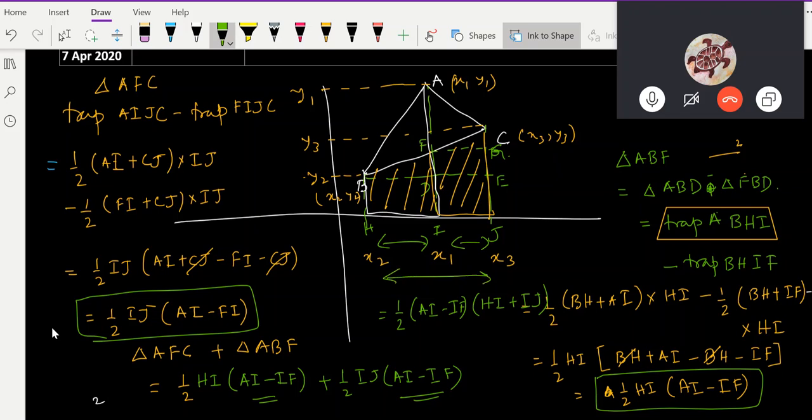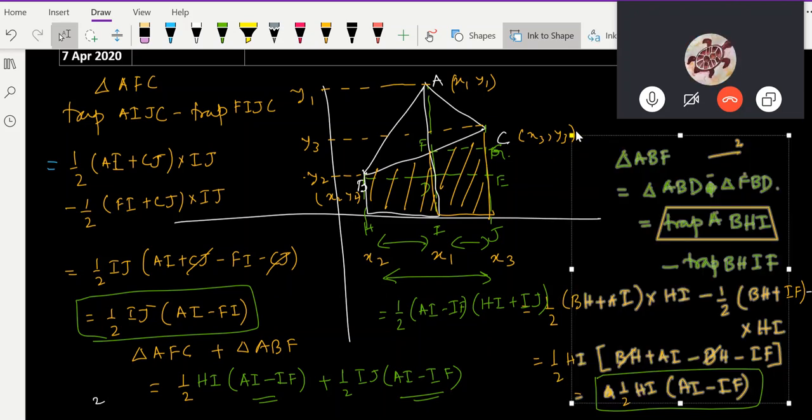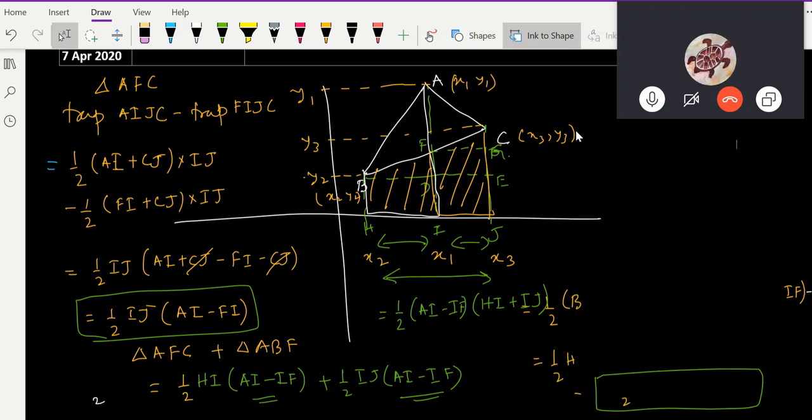This is this distance. What is this distance? X3 minus X2. Fantastic. So this is equal to half AI minus IF into X3 minus X2.